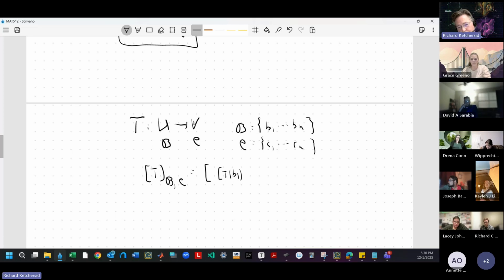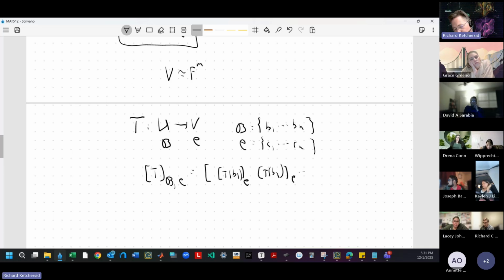It lives over here in V, and so we're going to write that out with respect to basis C. Now this is a vector. V is isomorphic here to F^m, its dimension is m, and so this is a vector in F^m. So it's a vector of numbers, a column vector. And then the next vector here is going to be T of b2 with respect to C.